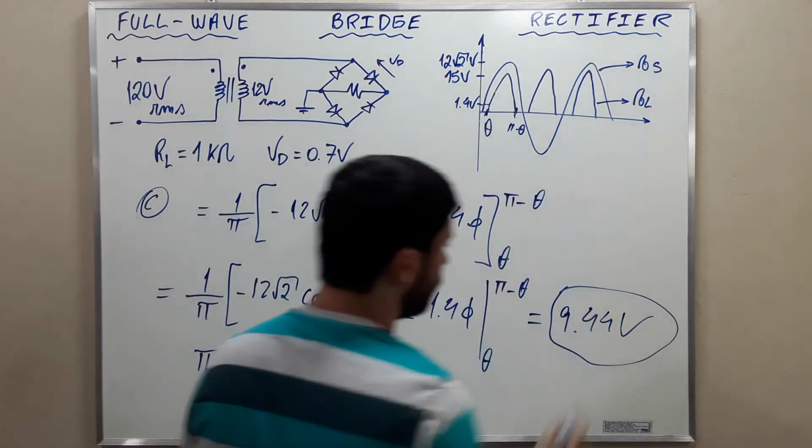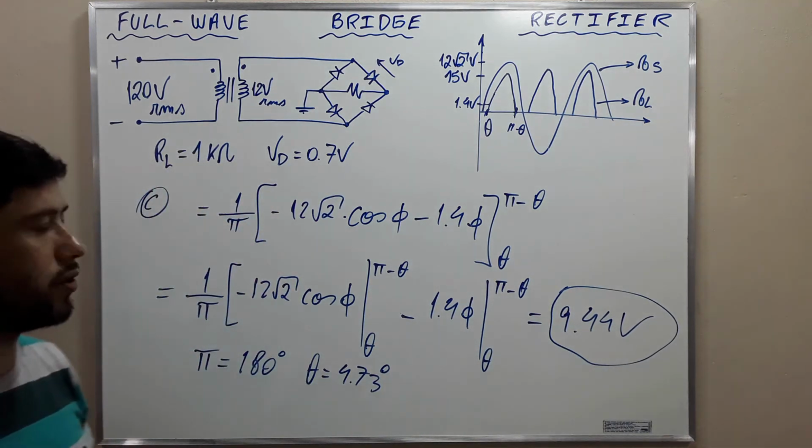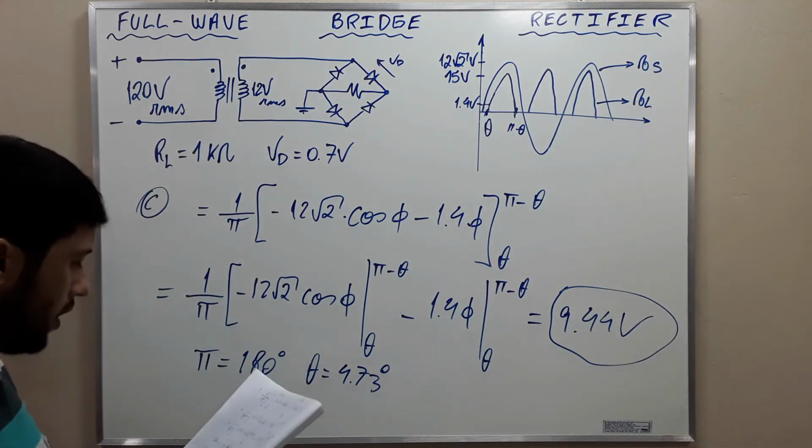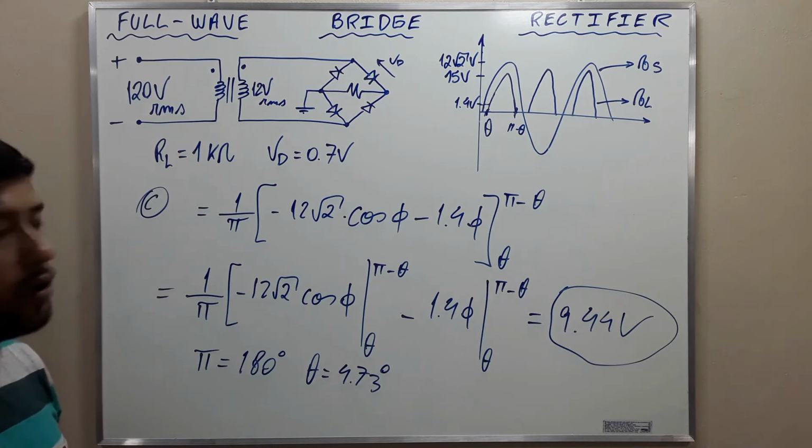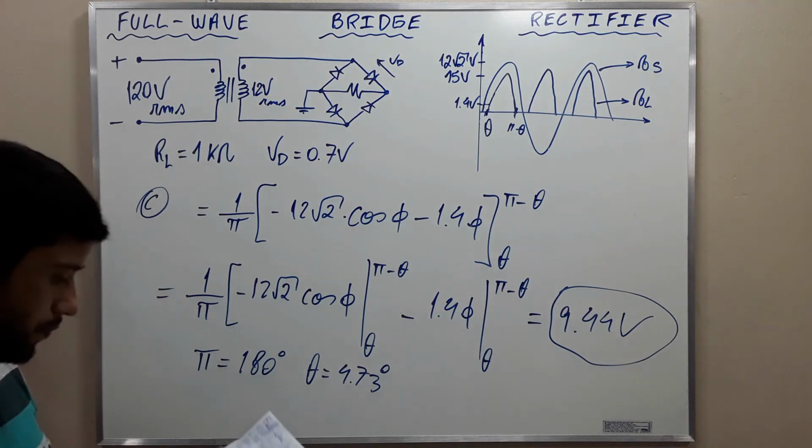Okay, this is the result. This is what we wanted to find for letter C, the average value of the output voltage.